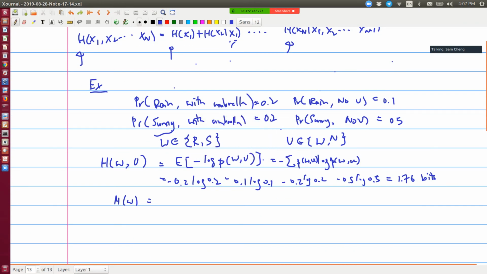So anyway, the probability it's going to rain will be just 0.2 plus 0.1, so it's 0.3. So it's minus 0.3 log 0.3, and the probability of sun is just 0.2 plus 0.5, so minus 0.7 log 0.7, which is equal to 0.88 bits.